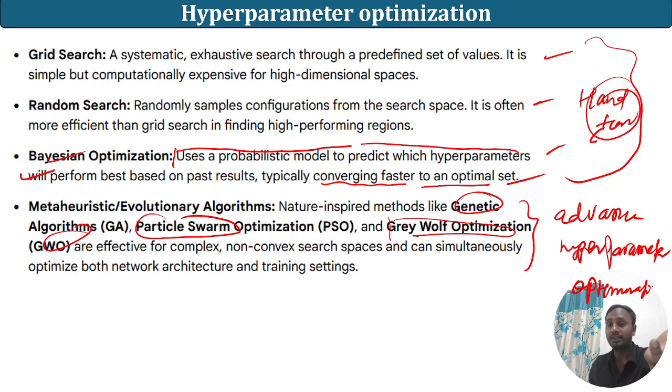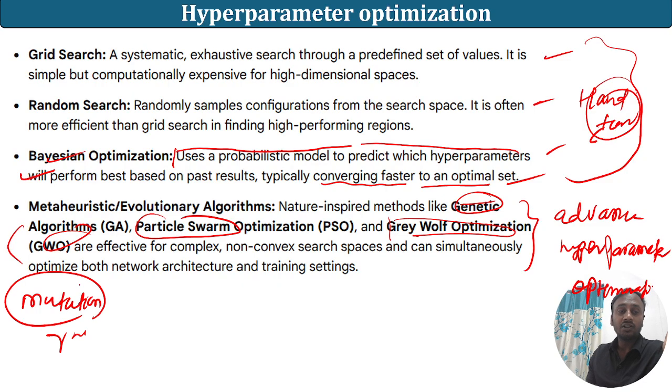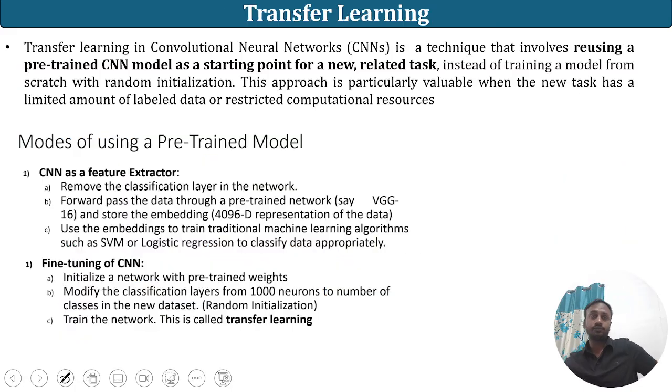But if you want to make some impact, for example with the genetic algorithm, you get mutation rate and so on, so it becomes another, more complex model. These are some methods we can follow to get the best parameters.